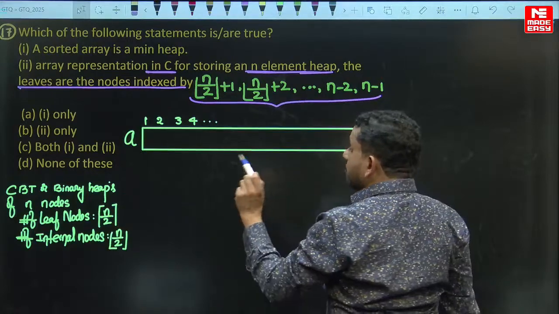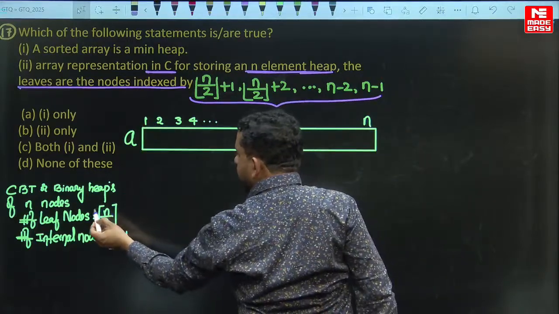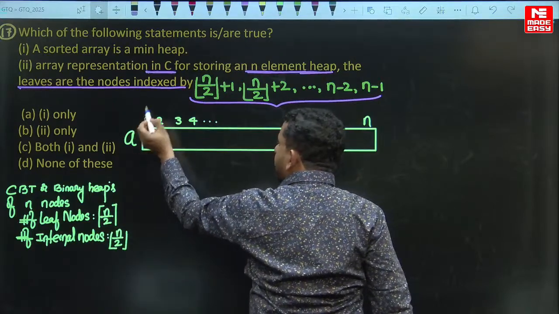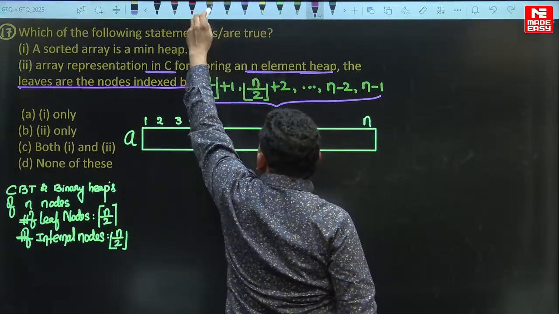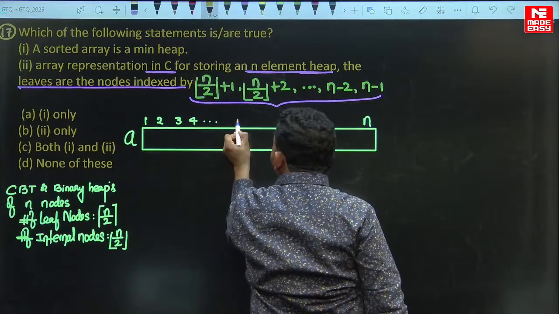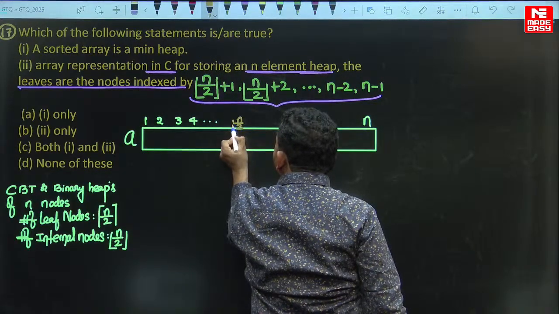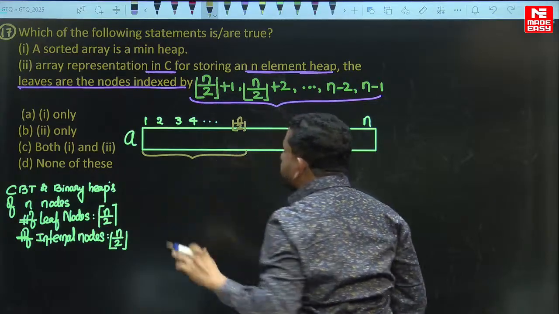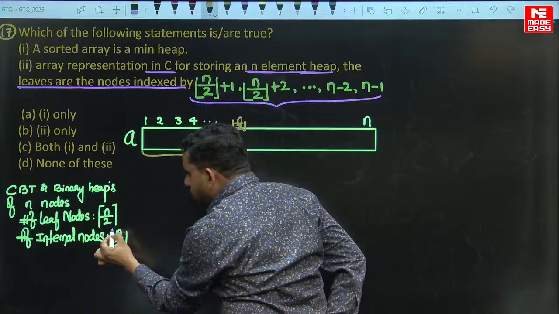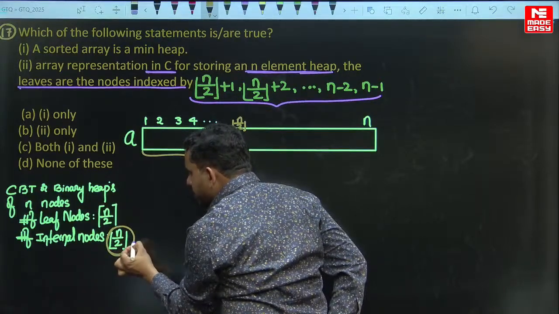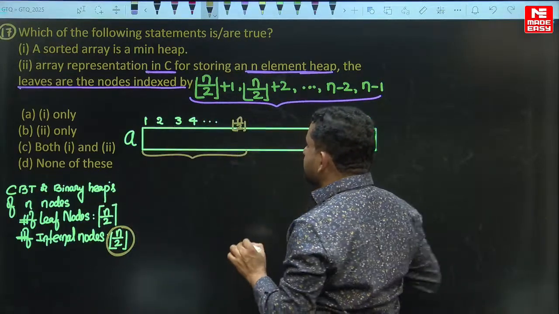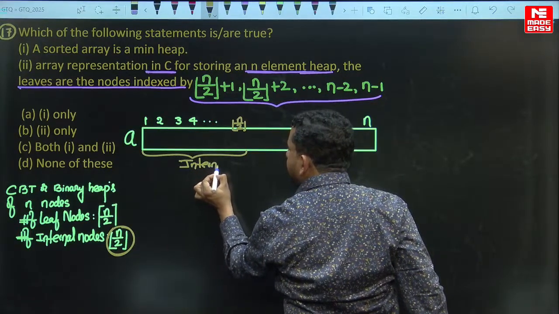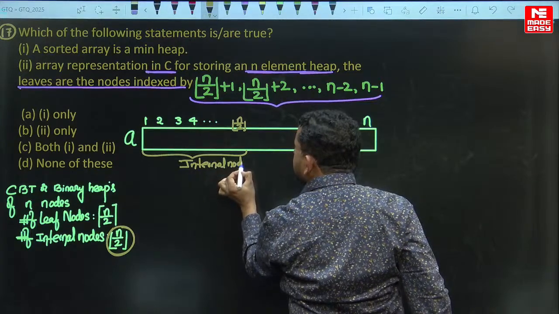Now, if the array index starts from 1, there are ceil(n/2) leaf nodes and floor(n/2) internal nodes, starting from A[1]. If the array starts from 1, then A[1] to A[floor(n/2)] are the internal nodes, because the count is floor(n/2).